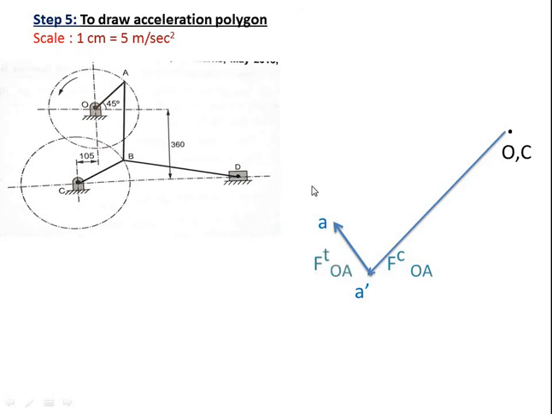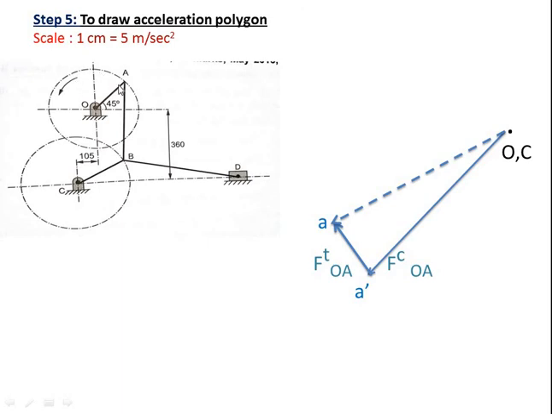Then join this triangle, it will give you the resultant of OA. So for every link there will be three vectors of acceleration: centripetal component, tangential component, and total acceleration.